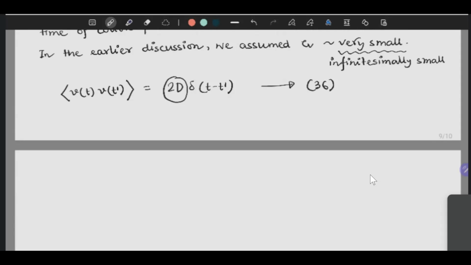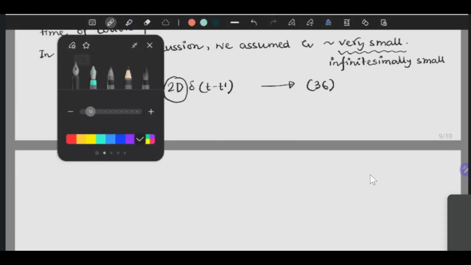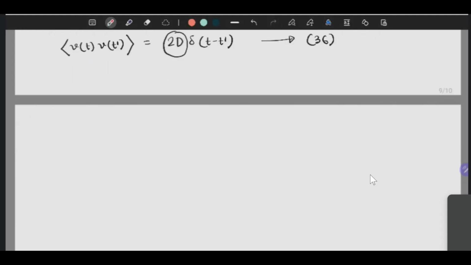I think we have to do the calculation for the general case, the calculation of MSD for the general case.